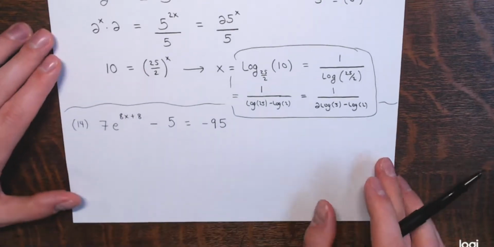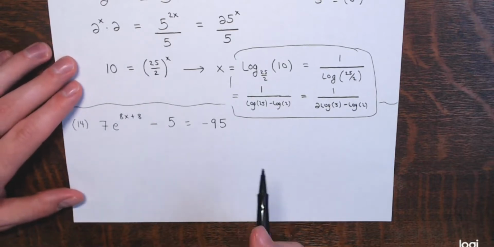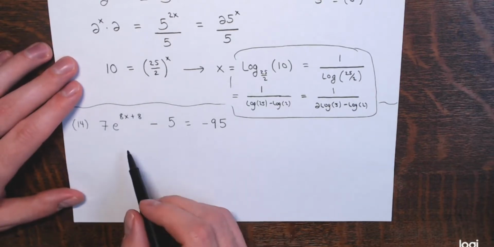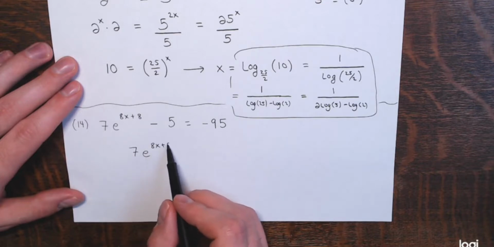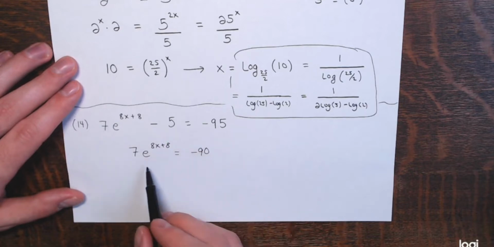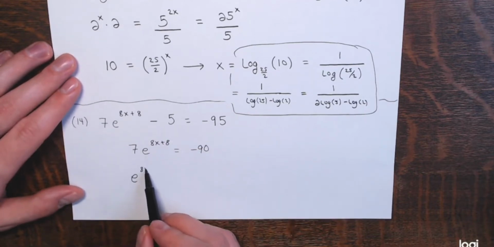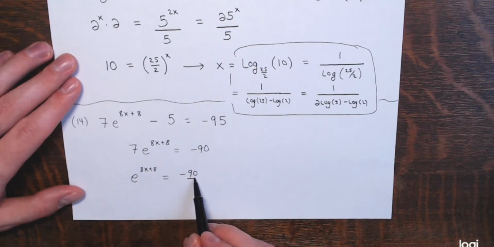Okay, number 14 is going to be very similar to a problem we saw earlier. First I'll add 5. We have 7 times e to the 8x plus 8 power equals negative 90. And I divide by 7, we have e to the 8x plus 8 equals negative 97ths, and that's a problem.